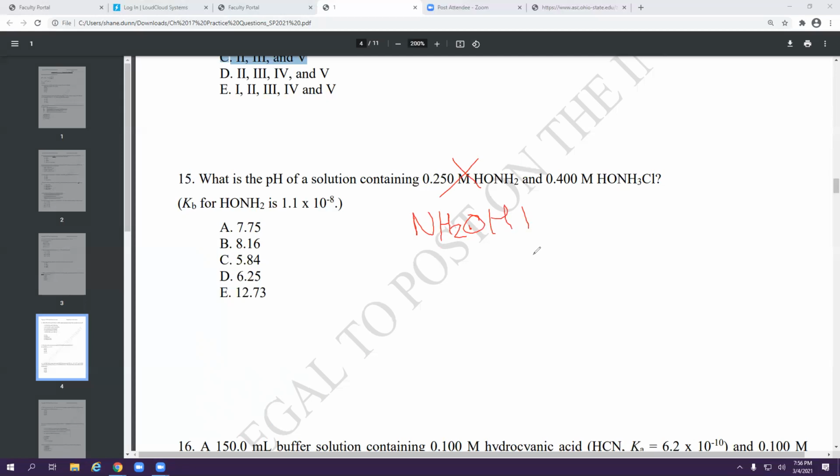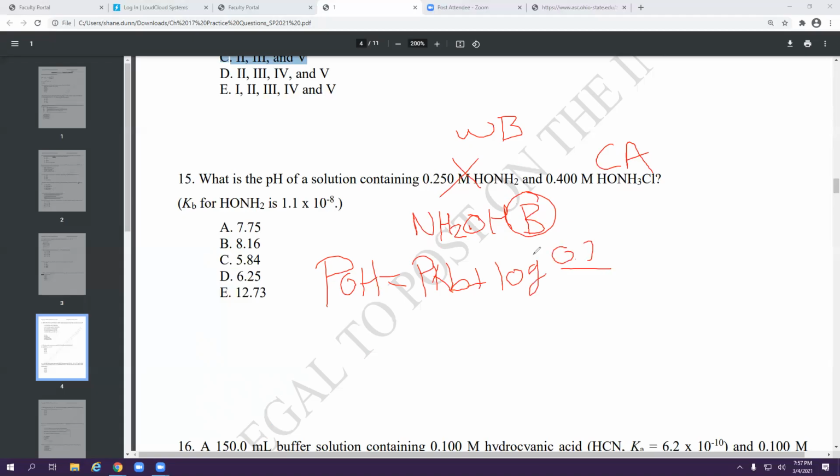NH2OH is a base. That is a base. This is the conjugate acid of the base. I also have a weak acid, a weak base and its conjugate acid. So if you do the POH of the PKB plus the log of 0.4 over 0.25, you will get the answer.